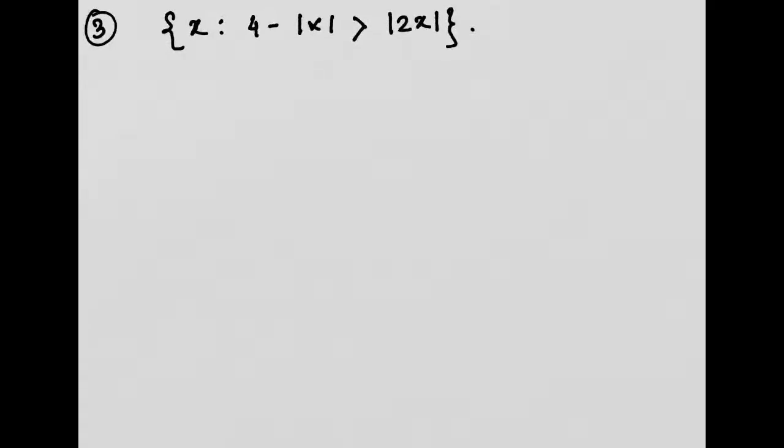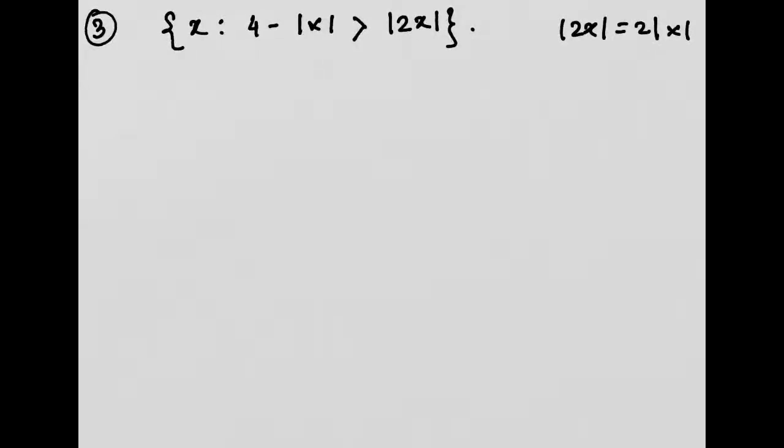Now you see it is 4 minus mod x greater than the absolute value of 2x. Here mod of 2x simply means 2 into mod x; 2 always comes out as a positive value.